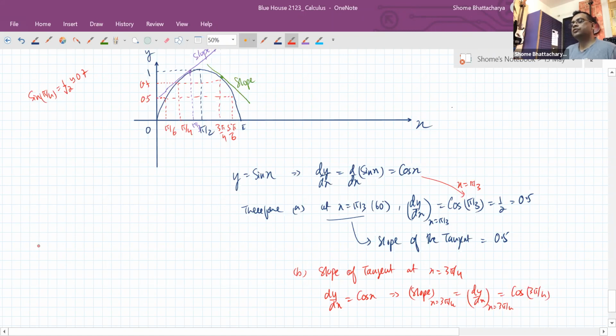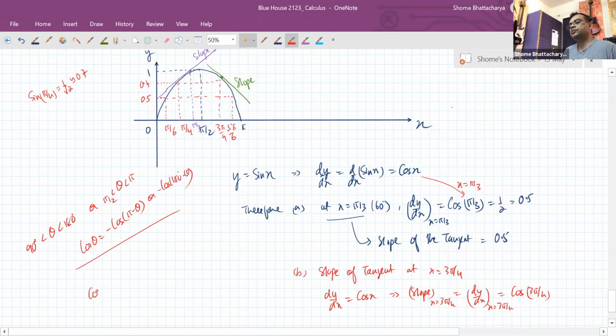Now for cos of any theta which is obtuse, we have the formula minus cos of pi minus theta or minus cos of 180 minus theta.